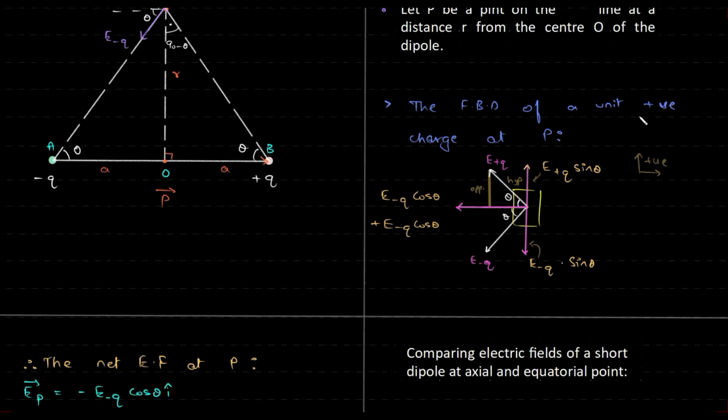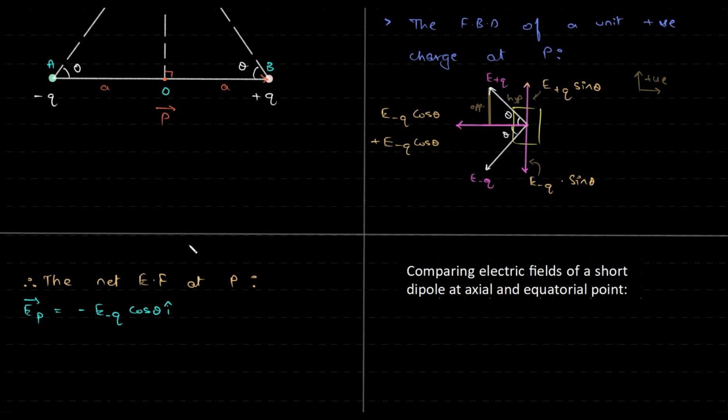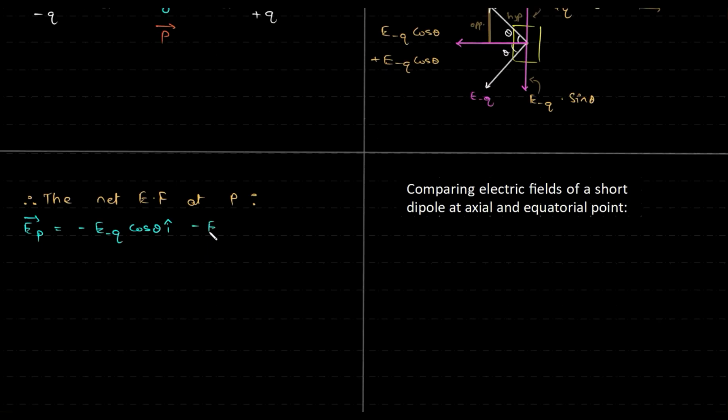This is positive and this is positive, so anything to the left is negative. So these two are negative, so these two will add up. While up is positive and down is negative, these two will subtract.